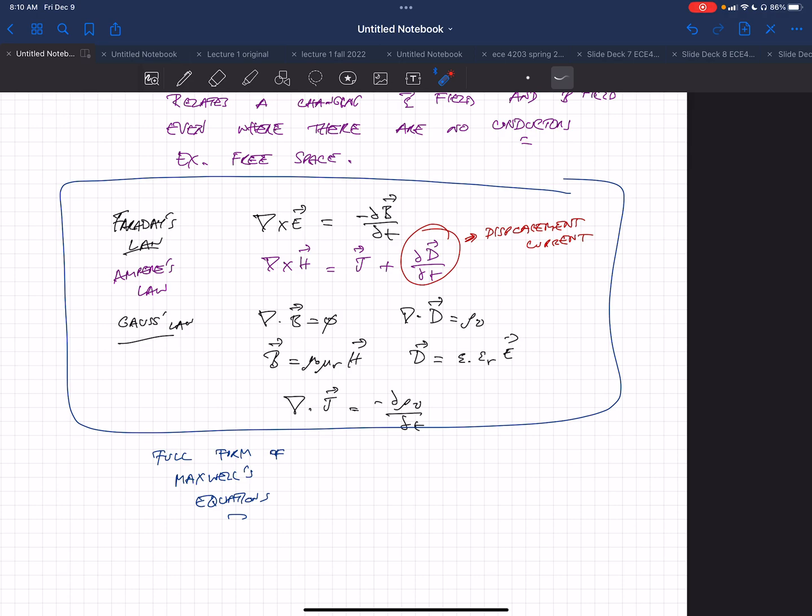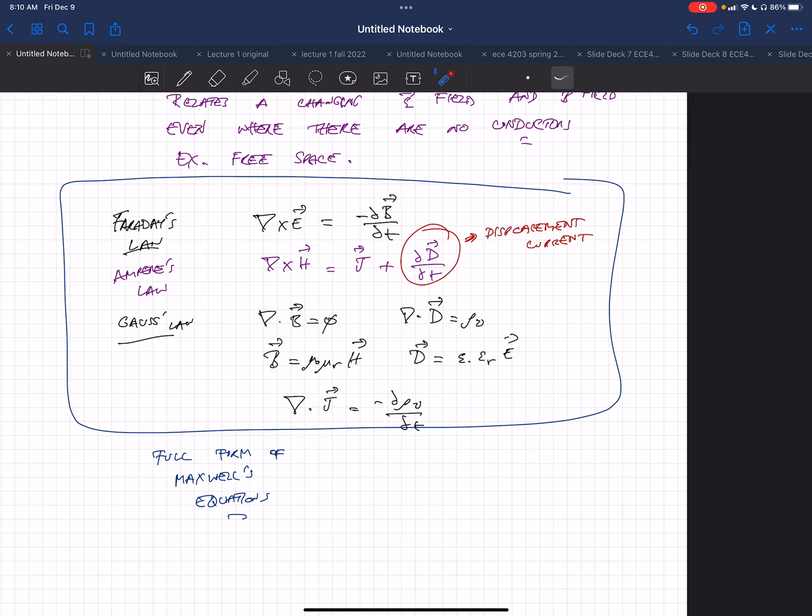What Maxwell did with this definition of the displacement current is that now you can have a relationship between a changing magnetic field and a changing electric field even outside a conductor. So, for example, when you are transmitting a radio signal, those are electromagnetic fields traveling through space, and the changing electric field is causing a changing magnetic field and vice versa.